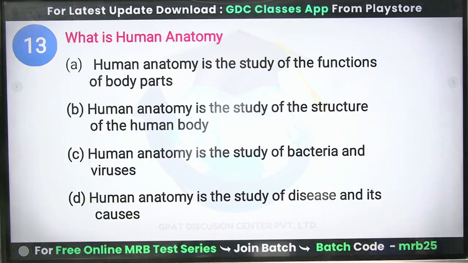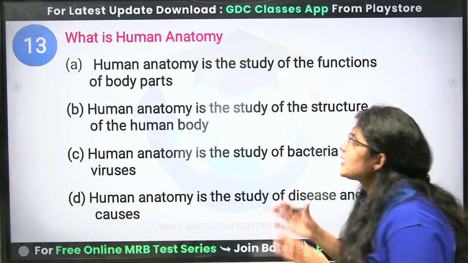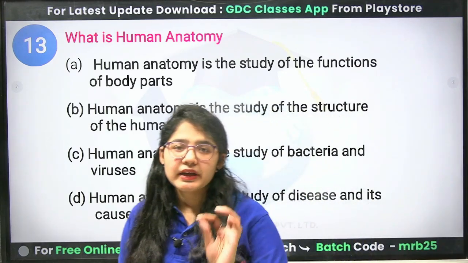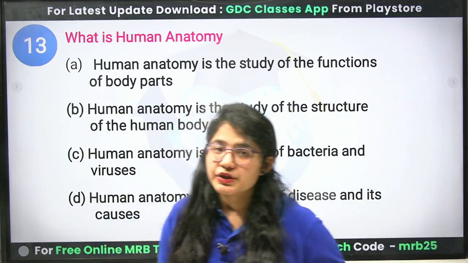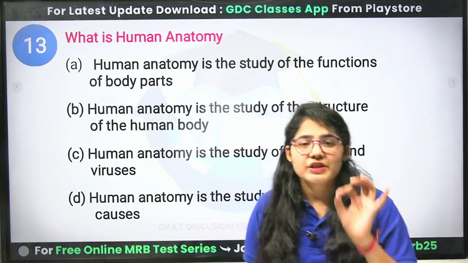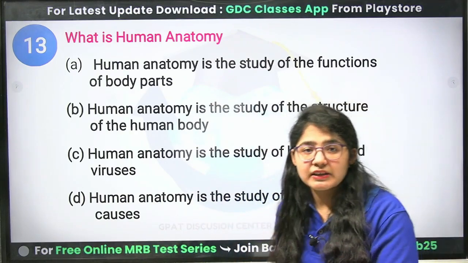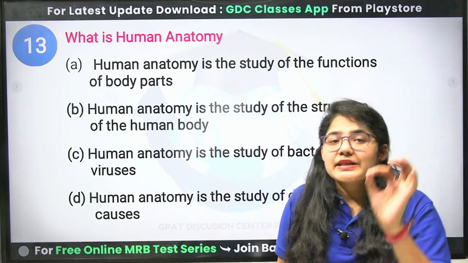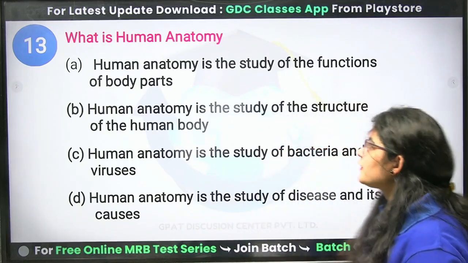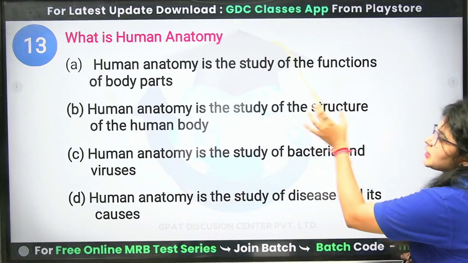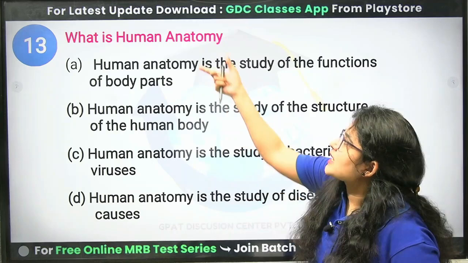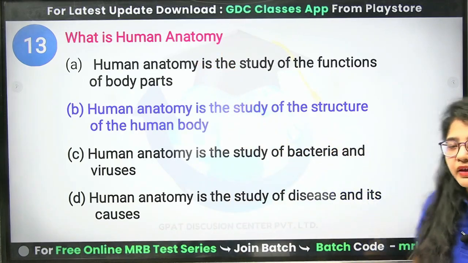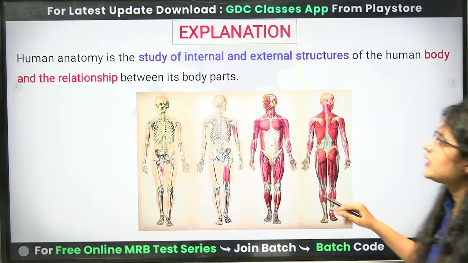Next question. What is human anatomy? It is asking only about anatomy, not physiology. Anatomy is the study of structure, and physiology is the study of functions. So studying the structure of the human body is known as human anatomy. Next question.